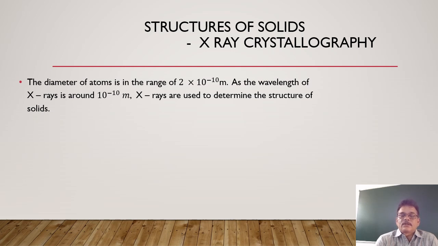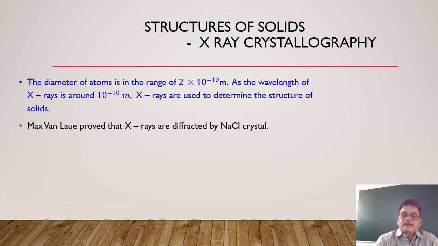That means the radius or diameter of atoms or molecules or ions is in the order of X-rays. So X-rays are useful to determine the structure of crystals. That is the reason for using X-rays to determine the structure of solids.